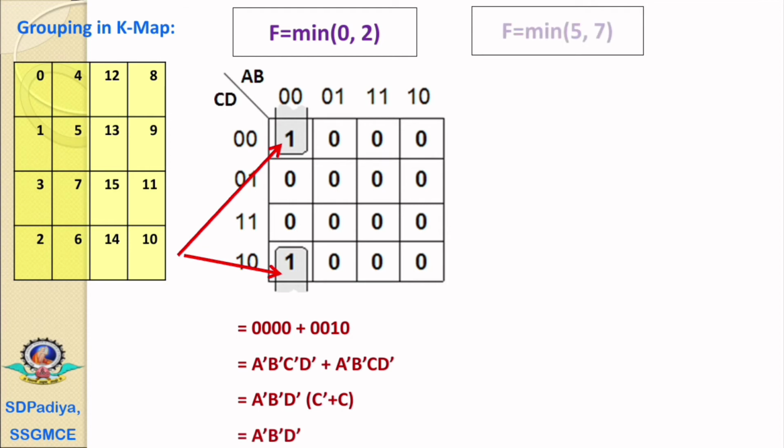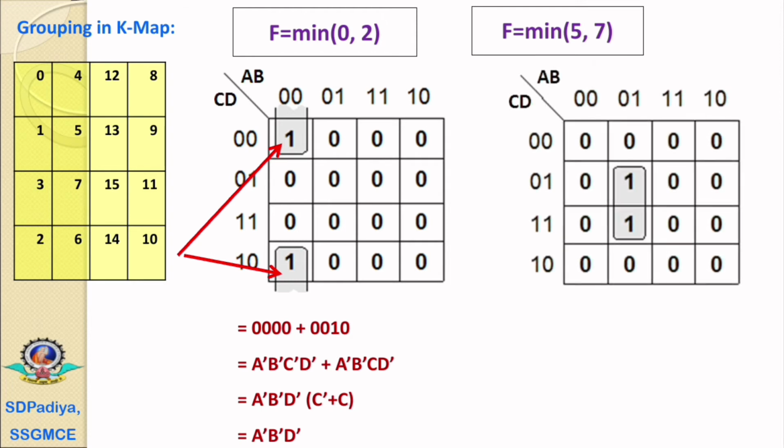The next example is for the function given by a truth table. This is a K-map for the 16 cells, but it is possible to construct the K-map of 8 cells also.